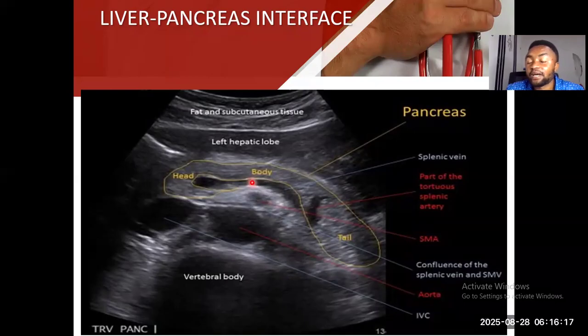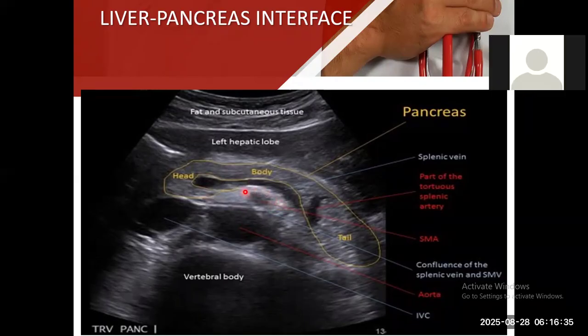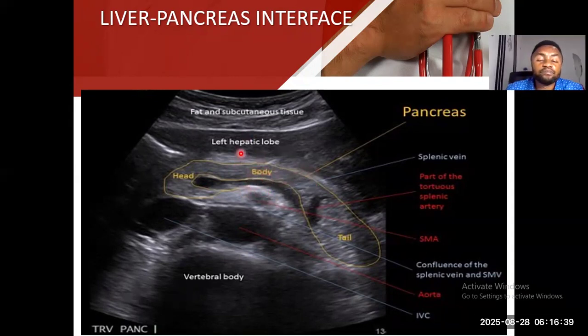Somebody said the neck. Fine, you are not wrong, but on ultrasound we actually don't add the neck. The neck is more or less part of the head on ultrasound, but in proper anatomy, the neck is there. Do you understand? The uncinate process. Good.